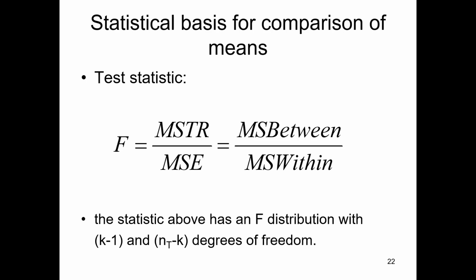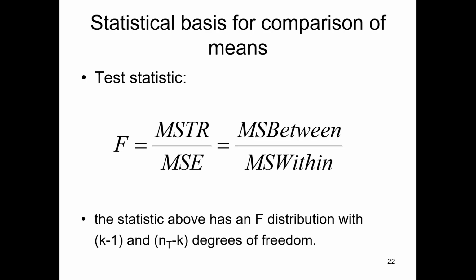Step 3, our test statistic. It is an F distribution, and we know from our regression experience that that F statistic has 2 different numbers telling us what its degrees of freedom are, right? Same thing with the regression, right? We saw that there before. In this case, the F distribution, the numerator degrees of freedom is k minus 1.